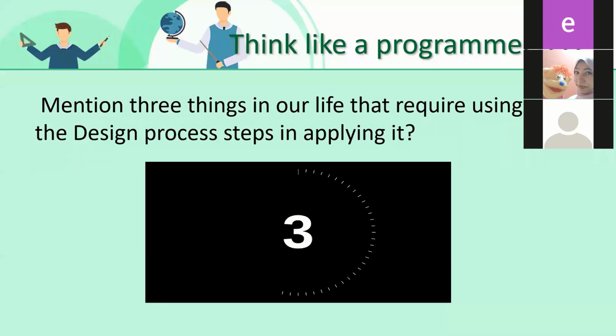If I have a problem with my washing machine, I get the clothes not clean. So the first step, I'm going to ask myself what is the problem. So I will identify the problem at the beginning. Then I'm going to imagine the possible solutions for this problem.